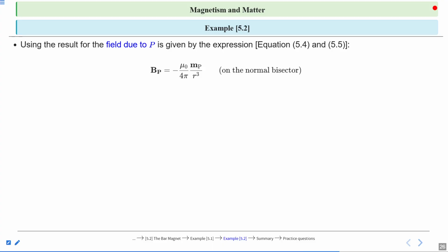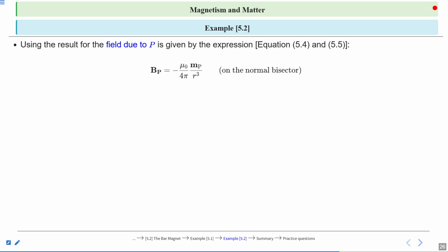So using the result for the field due to P given by equations 4.5, 5.4 and 5.5, the magnetic field produced by the P needle is given by BP equal to minus mu naught MP upon 4 pi r cube.